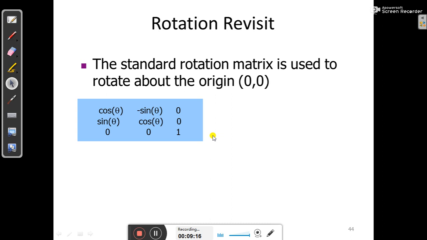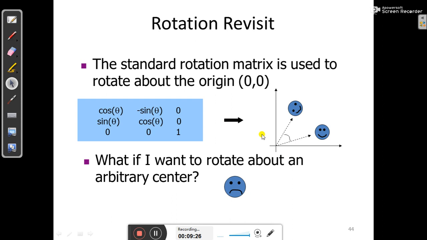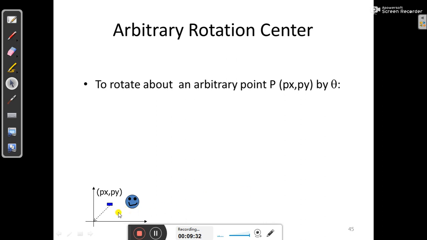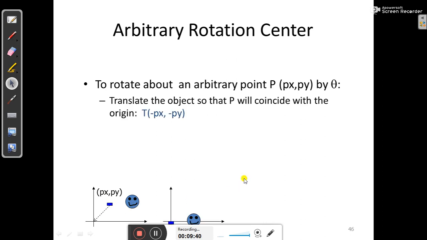So what we have learned till now: we have learned about rotation with respect to the origin. Again we have learned about rotating an object with respect to an arbitrary point. Suppose this is the smiley object and we want to rotate it with respect to this blue box point.